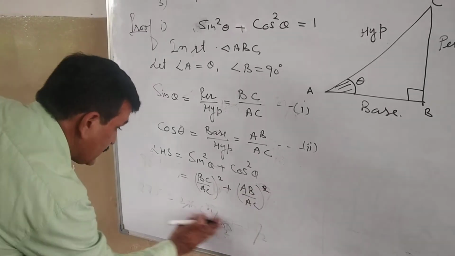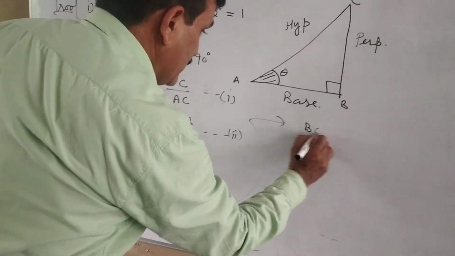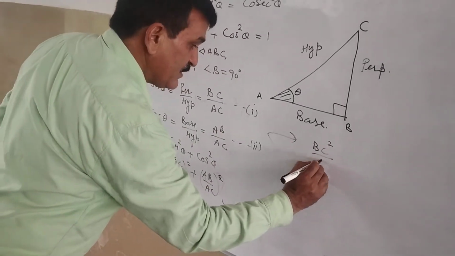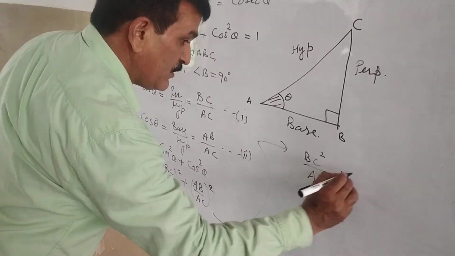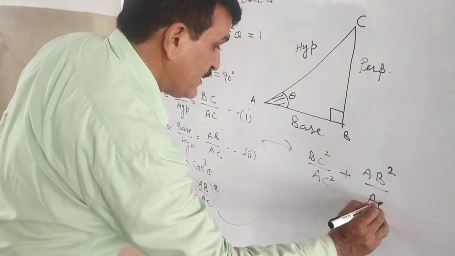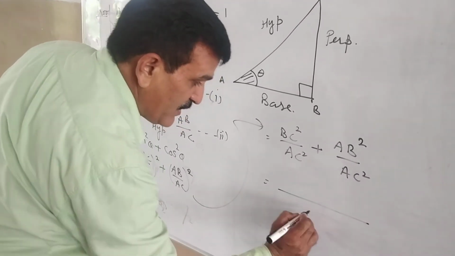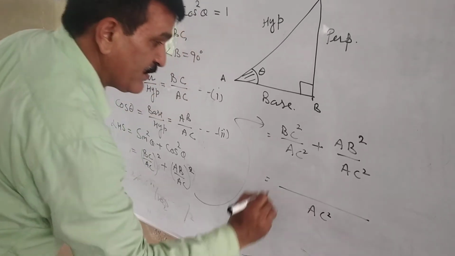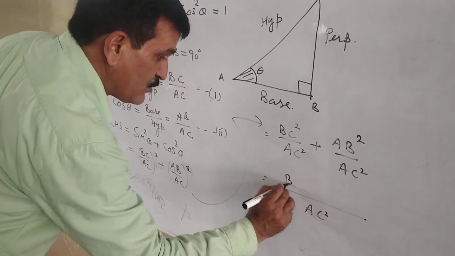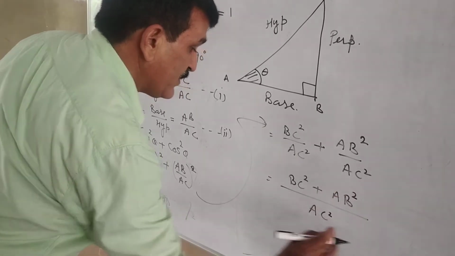Now open the square, you will get BC square over AC square plus AB square over AC square. Now take the LCM. You will get the LCM as AC square. So it is equal to BC square plus AB square.